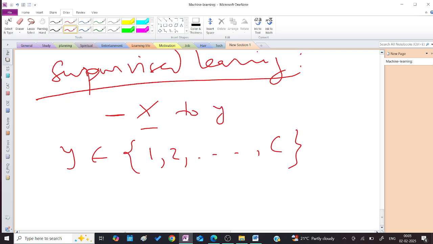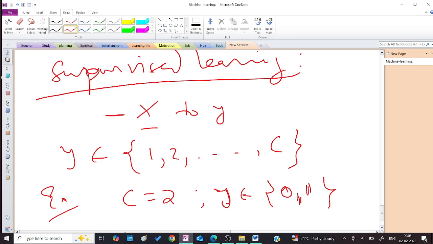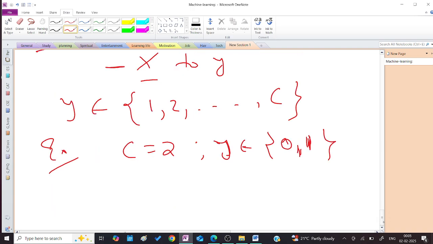For example, if it is a binary classification, then C will be 2 and Y will be either 0 or 1. So the number is just to represent the class, nothing more. And if it is a multi-class classification, then C will be more than 2.